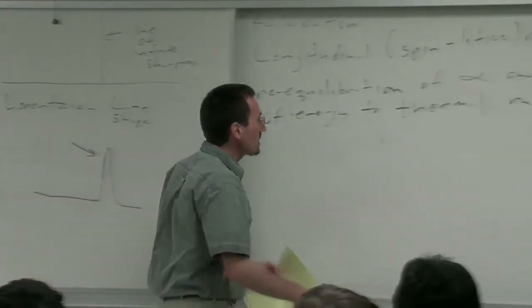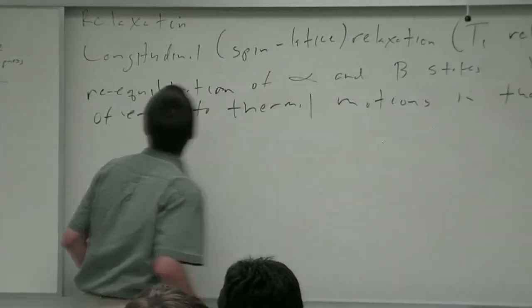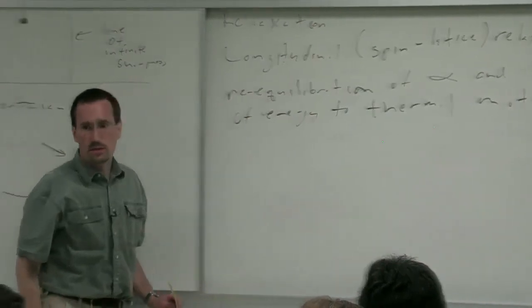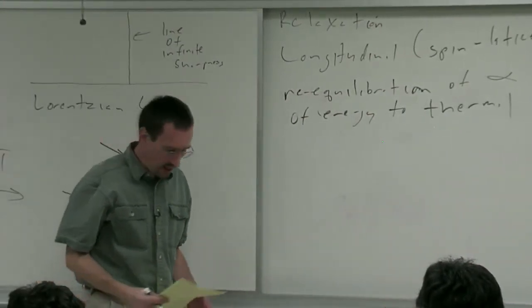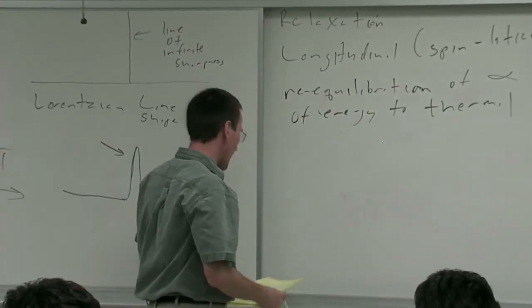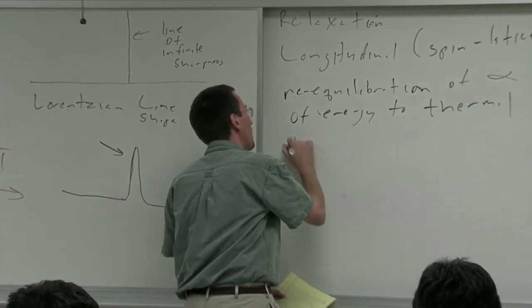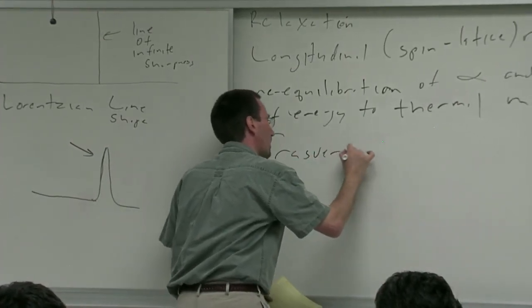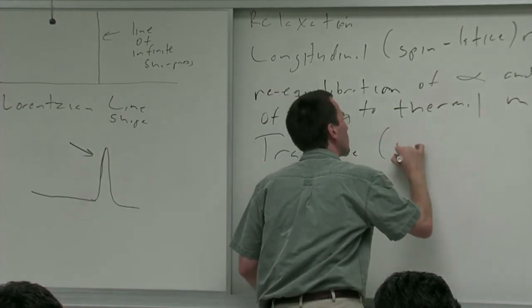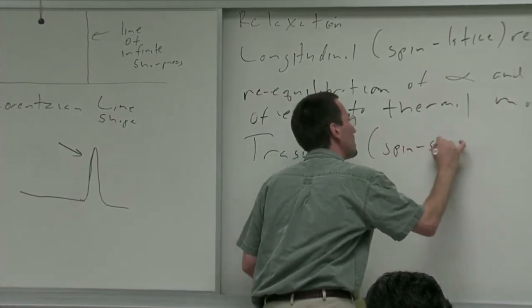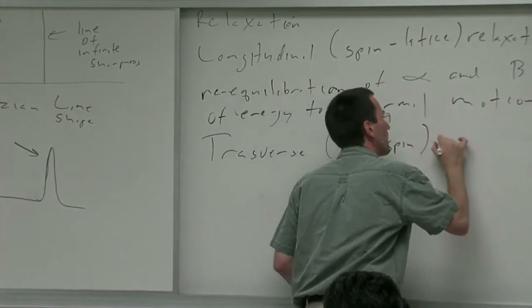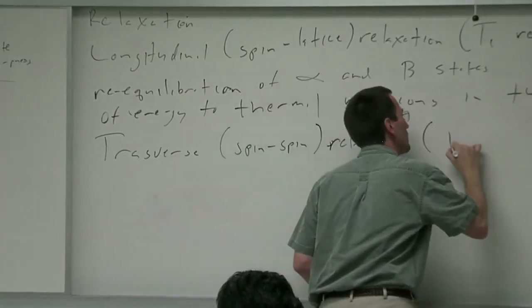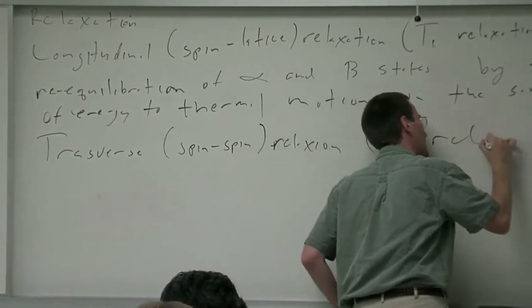Now, there's a second type. T1 relaxation is a little more important in small molecule NMR spectroscopy, but there's a second type of relaxation that's also important, transverse relaxation, sometimes called spin-spin relaxation, sometimes called T2 relaxation.